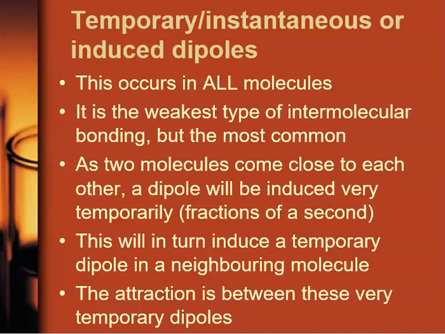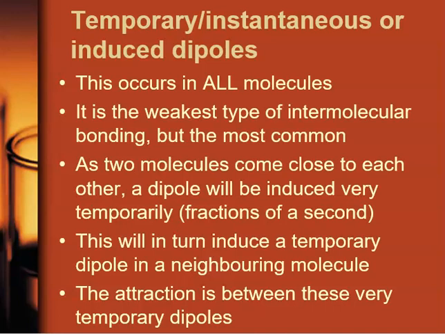So what happens is, as 2 molecules are floating around, whether they're in the air, in a liquid, in a solid, when they come close to each other, they have these electron clouds, and the electrons in that electron cloud are always moving.